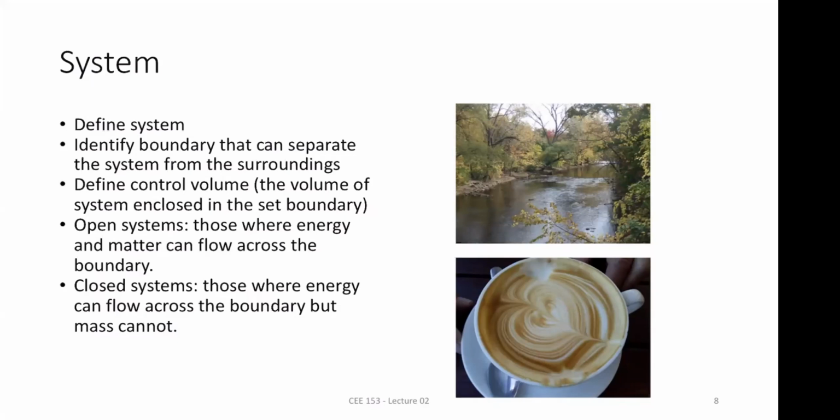So it's an open system. A lake is an open system, but if you put a lid on the coffee cup, it becomes a closed system. Closed system means you cannot transfer mass out of the system, and open system means the mass can go out. Remember that in a closed system, energy can still transmit, because energy doesn't require mass to transmit outside. It can conduct through the mass.